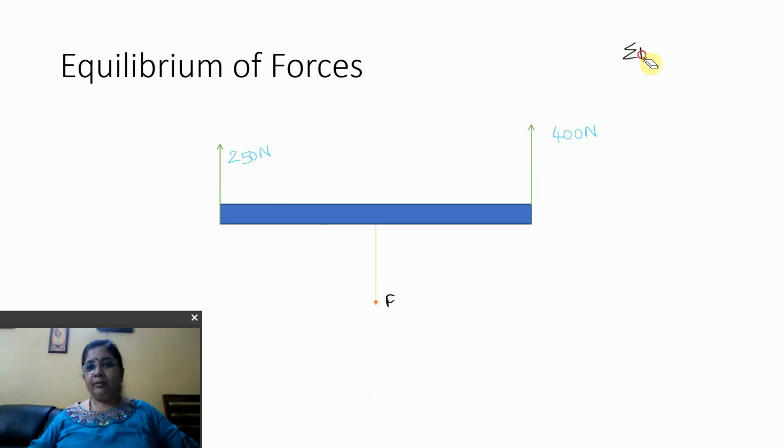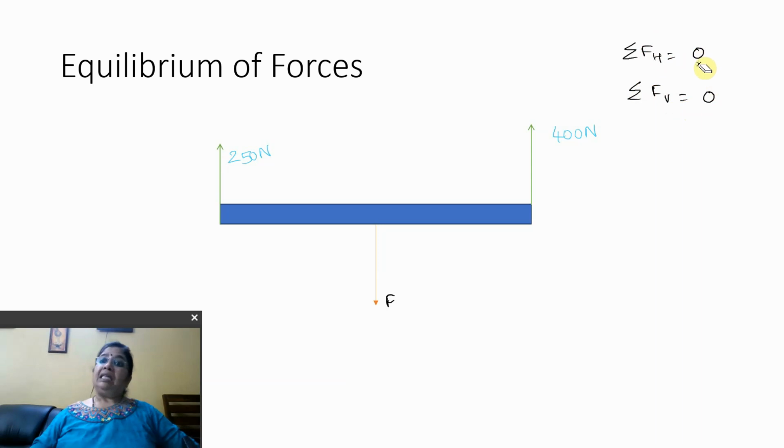Sigma F_H, the sum of horizontal forces, will have to be 0. Similarly, the sum of vertical forces also for a system has to be 0. Otherwise, the resultant of the entire system should evaluate to 0. When you resolve horizontal and vertical forces, the resultant also could be 0. Either these can be separately 0, or the resultant, when you resolve them, could also be 0.